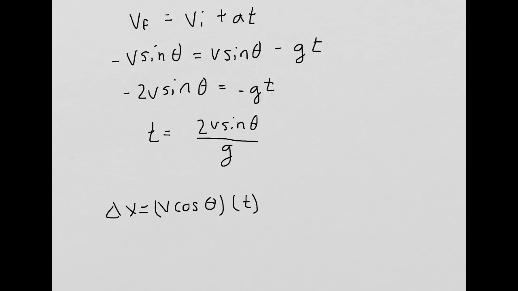And I can use that formula because velocity is constant. When velocity is constant, remember that velocity equals distance over time. Therefore, distance is velocity times time.